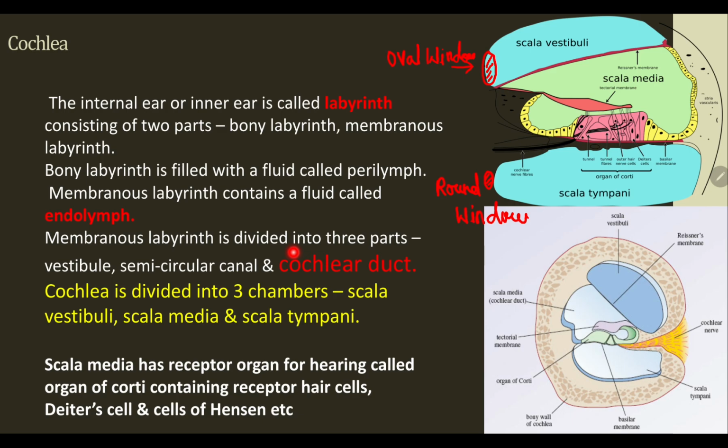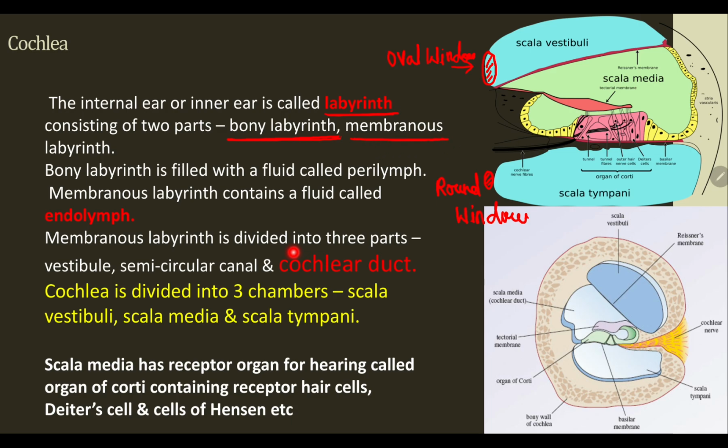The internal ear we also call a labyrinth. And this labyrinth has two parts. One part is the bony part, which we call the bony labyrinth, and another part is the membranous part, which we call the membranous labyrinth.